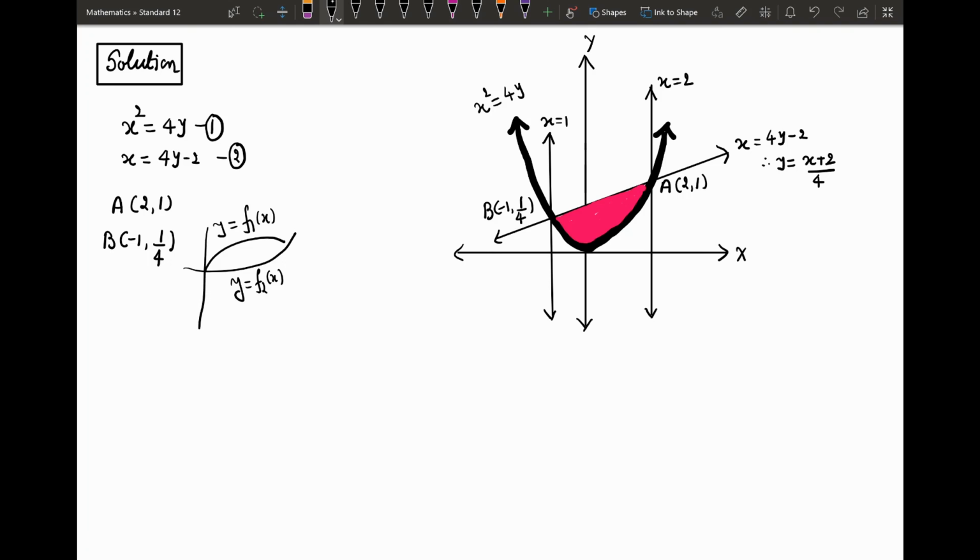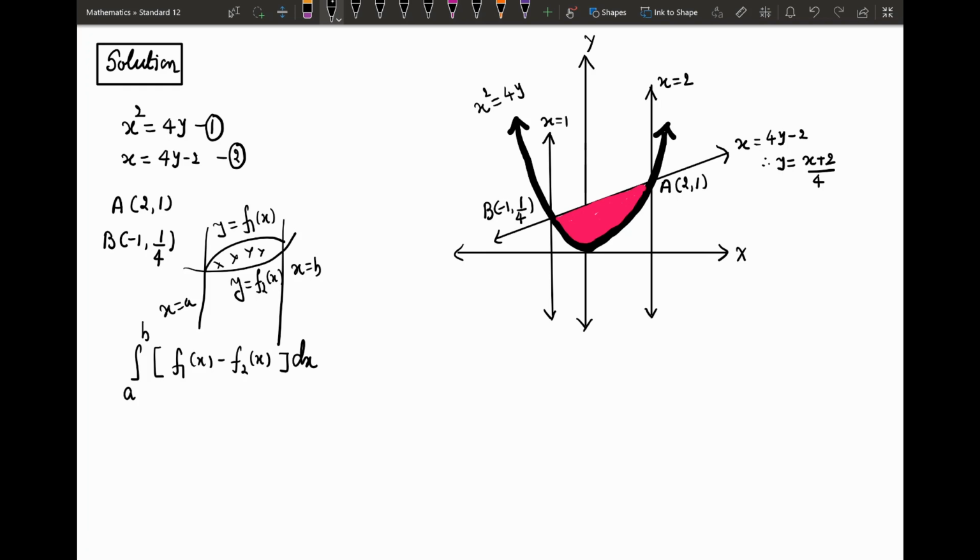intersect each other at x equals a, x equals b, then the area of this portion is given by the integral from a to b of f1(x) minus f2(x) dx.